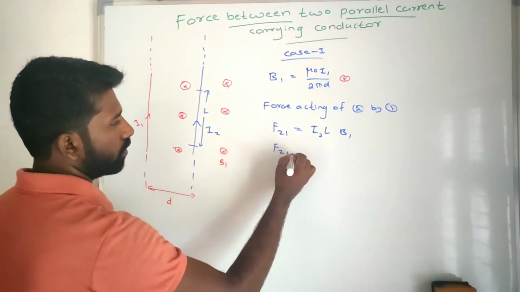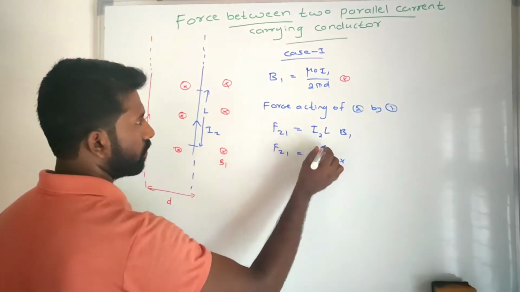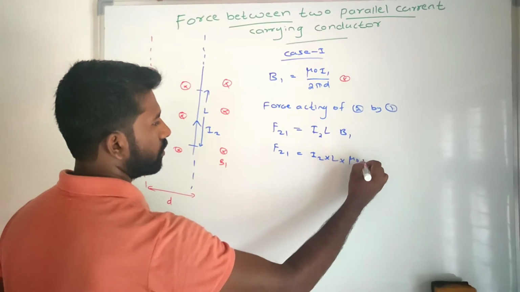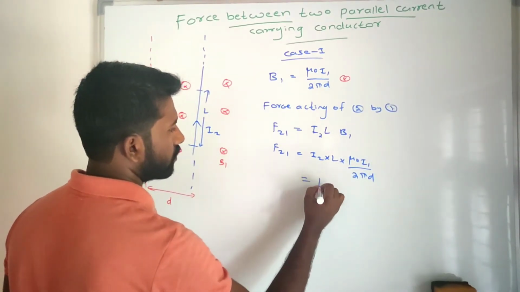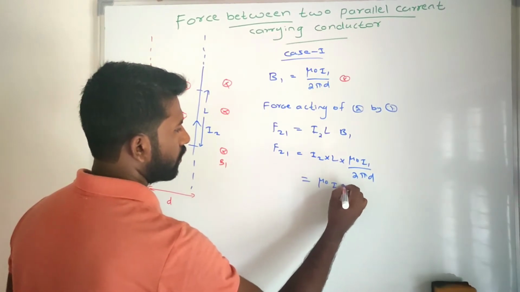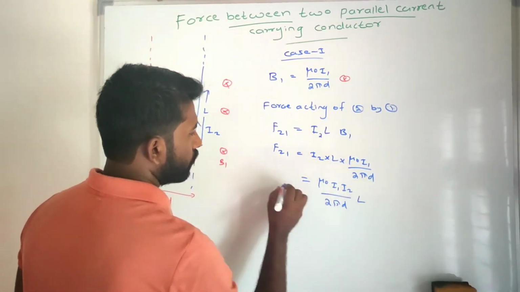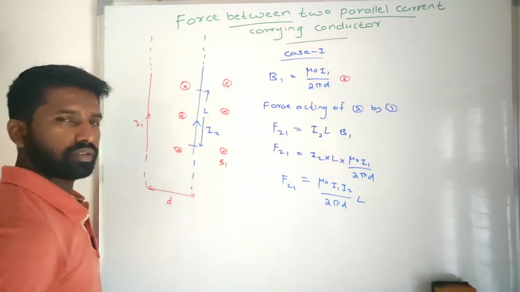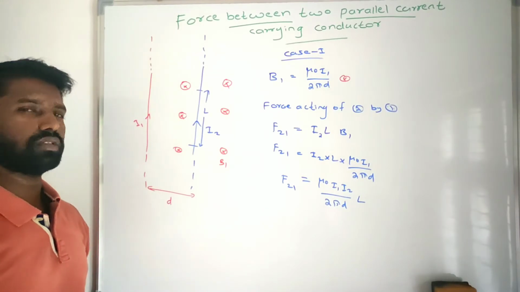So F21 is equal to I2 into L into B1, that is mu 0 I1 divided by 2 pi d. We can write this as mu 0 I1 I2 divided by 2 pi d into L. This is the force acting on the second conductor by the first conductor.